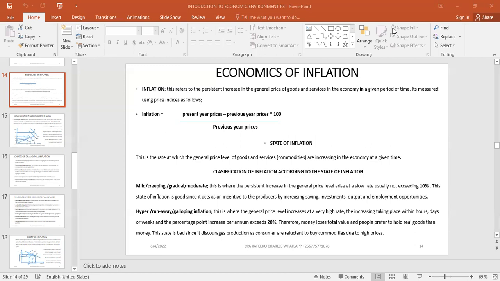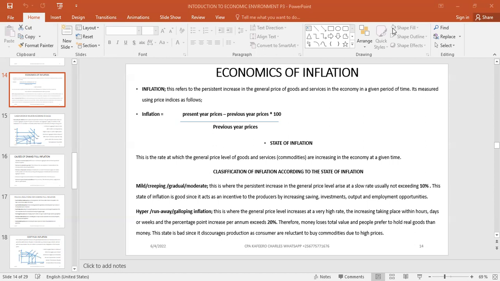Because when the prices are increasing at a slow rate, we expect that at least it is going to be like a motivator for people to work hard so that they can be able to earn a living. When the prices are increasing, they also facilitate the producers to produce more goods, because at least by that time they will be making more profits, which makes that state of inflation to be a bit good to the community.